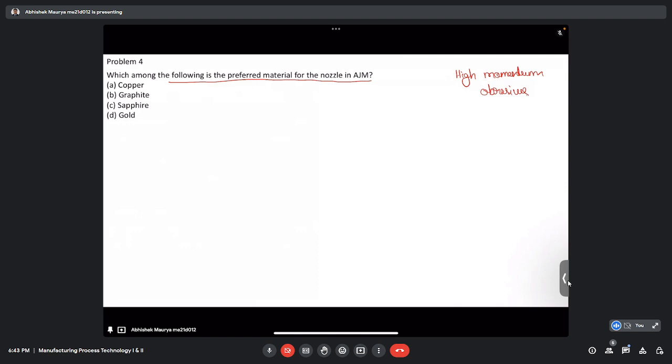So we were mixing it with some carrier medium. Let's try to see what is happening inside the nozzle.